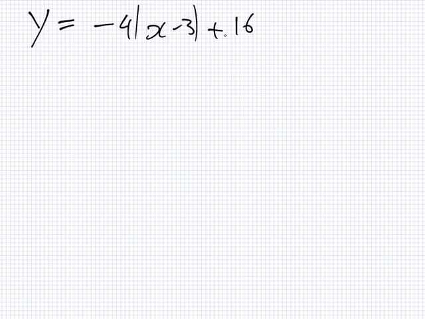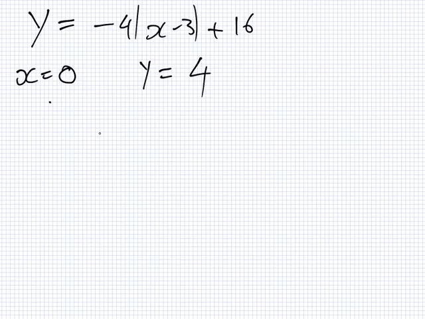Right. So think about any old graph. You should find out where the x and the y intercepts are. So let's do the y-intercept first. How do you find where the y-intercept is? Let x equals 0. So then we get y equals 16 minus 12.